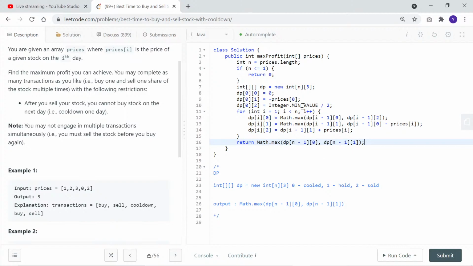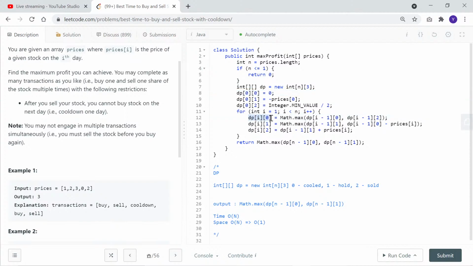The time complexity is O(n), but the space complexity is also O(n) in this implementation. It's possible to convert it to O(1) if we want to, because in this implementation we are using a 2D array, but we actually can use only 3 temporary variables.